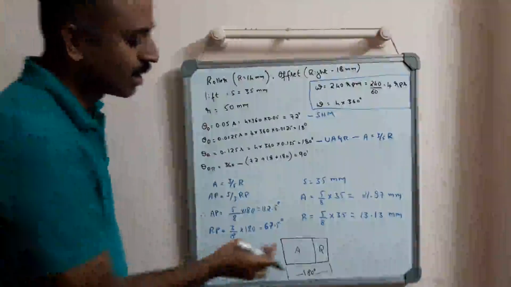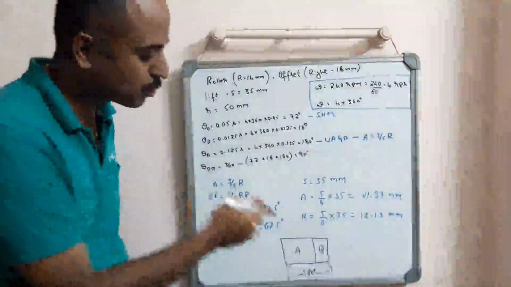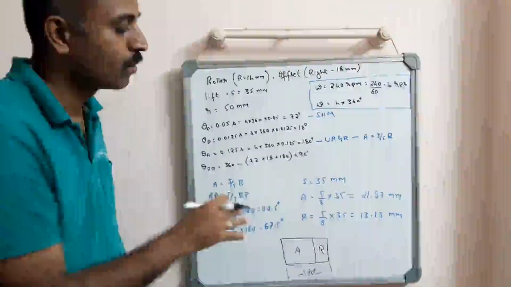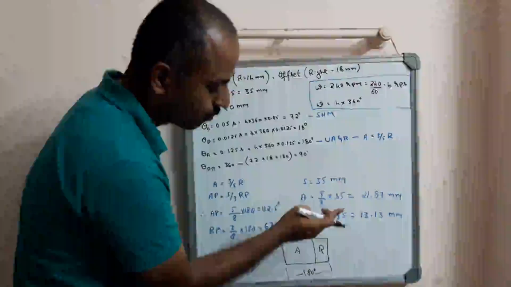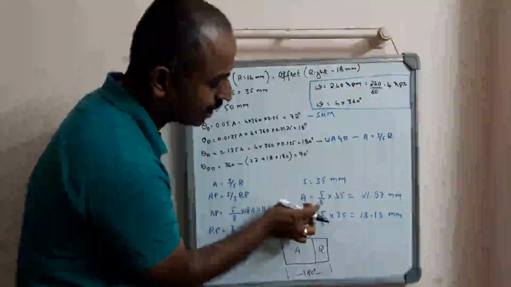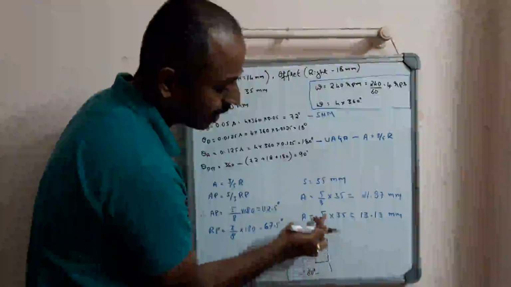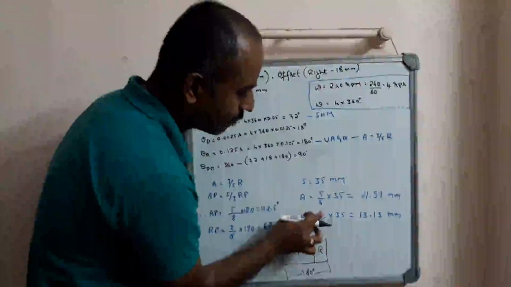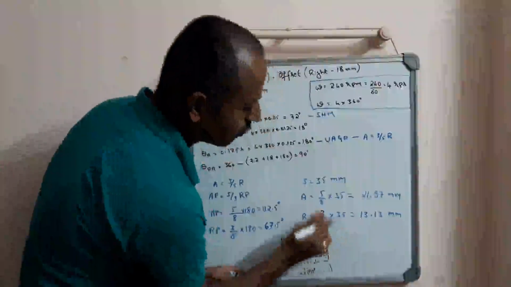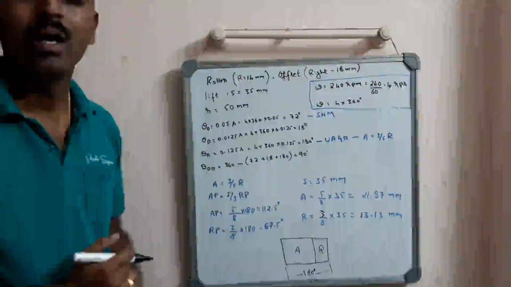Similarly, the displacement, which is 35 mm, has to be divided in this ratio. For that, the displacement of the follower during acceleration is 5 by 8 times 35 mm, which is 21.87 mm, and 3 by 8 of 35 mm, which is 13.13 mm for retardation.